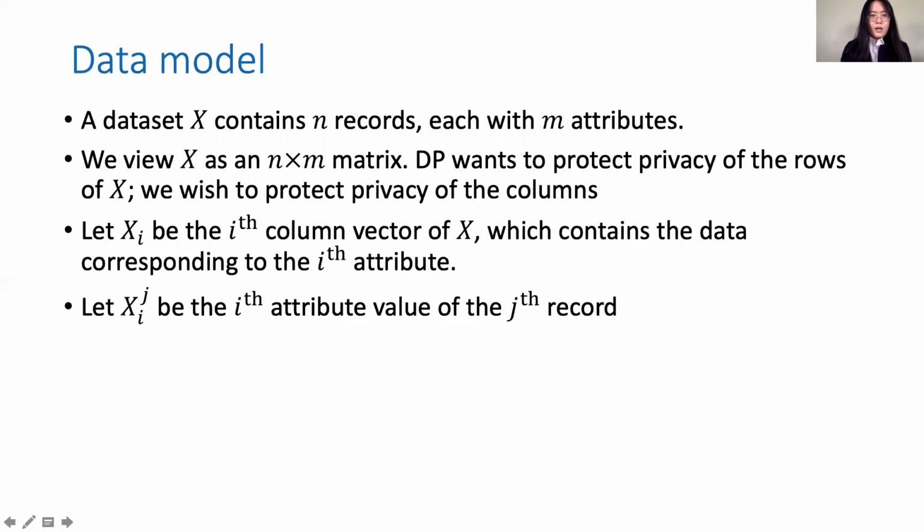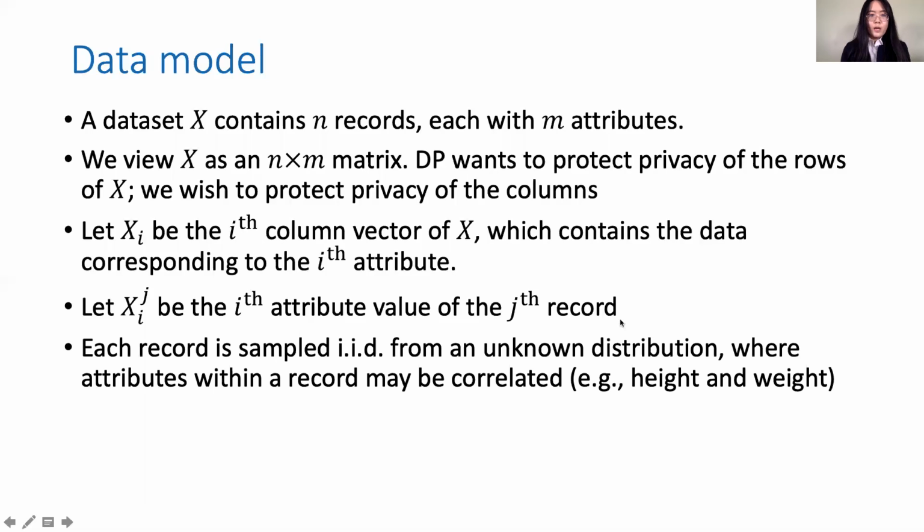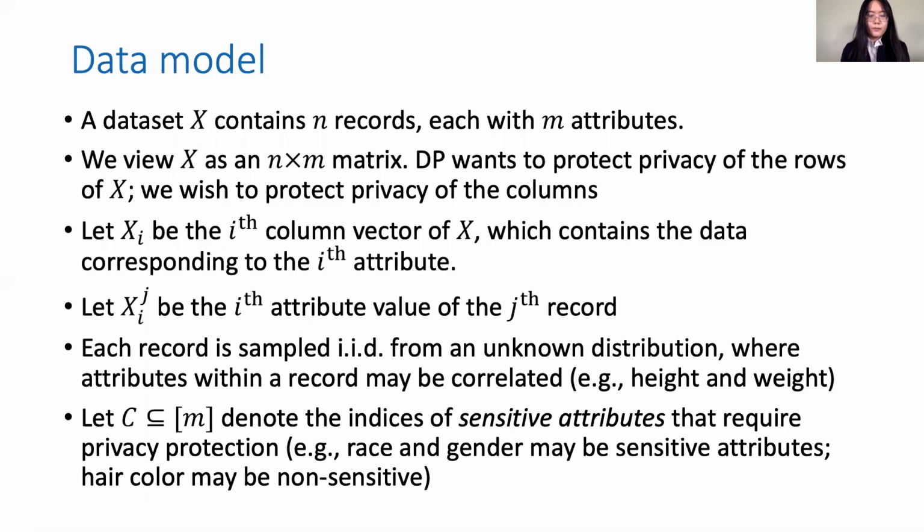And x_i is the ith column, corresponding to the ith attribute, and x_ij is the jth record. We assume each record is sampled IID from an unknown distribution, where the attributes within a record may be correlated. And C is the indices of the sensitive attributes.